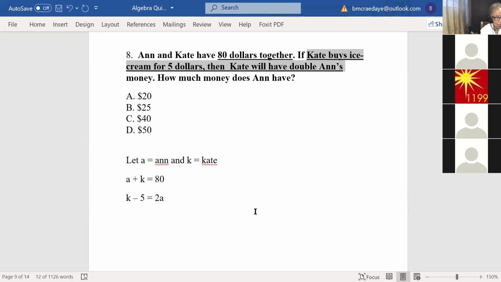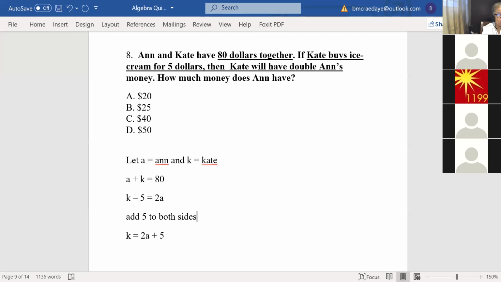There's a way you can solve it where you have one unknown. If K minus 5 is 2A, then what is K? K equals 2A plus 5, right? Because you're adding 5 to both sides here. Now, what you did was correct and you got the right answer.